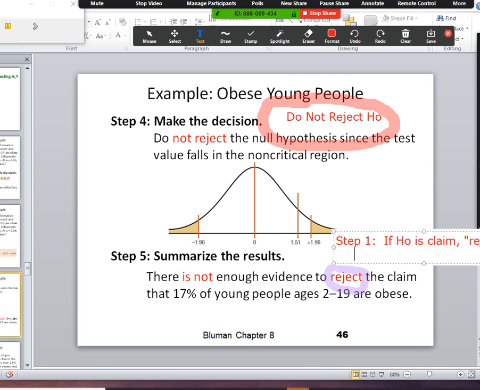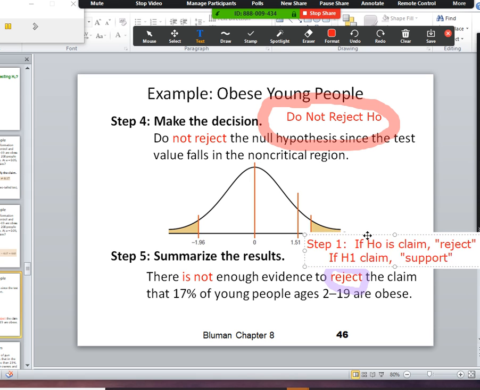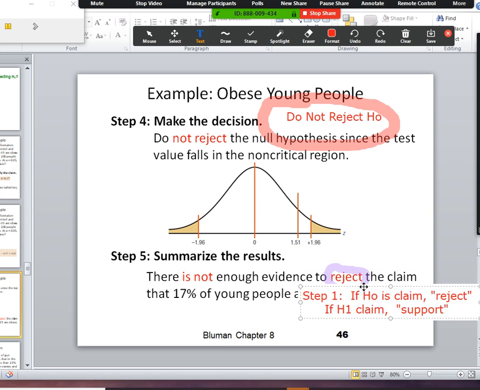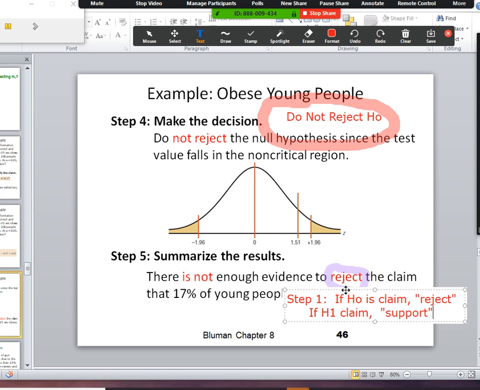If H1 is your claim, then you're going to use support. And that's all that there is to it. There's nothing fancier than that to this part. All right. So that's where this part comes in.